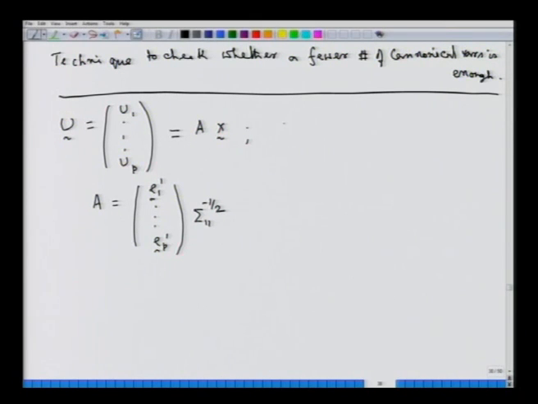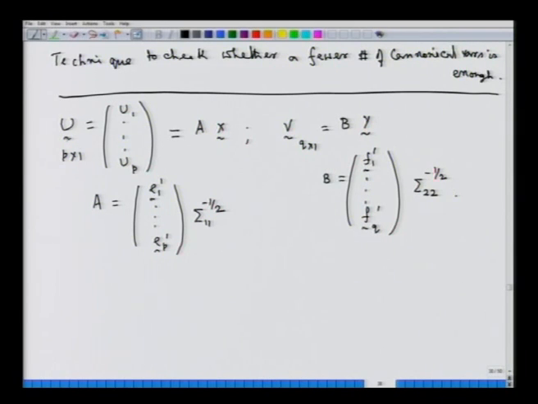Remember, this is p by 1 and this is q by 1. Similarly, we denoted the other by a matrix B times y, the original q dimensional random vector, where the B matrix was given by f1 prime, f2 prime, fq prime times sigma 2 2 to the power minus half.